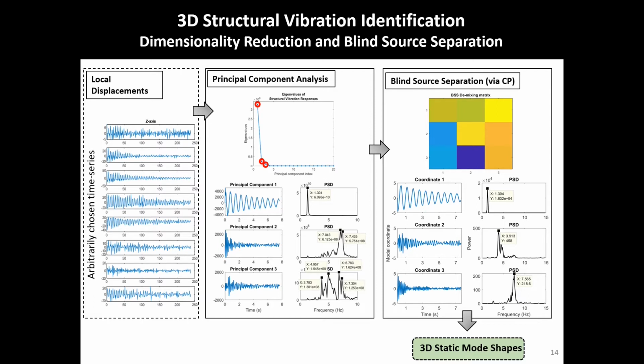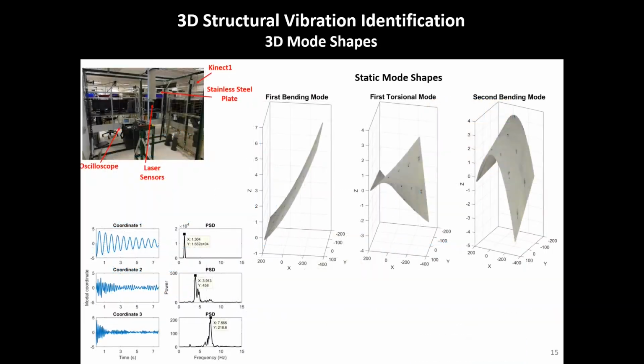Only after applying the complexity pursuit-based blind source separation, the individual modes are truly decoupled. A final note is that the complexity pursuit was here used due to its known ability to disentangle closely spaced modes. And as the main output of the blind source separation, modal coordinates and static mode shapes with spatial resolution equal to the number of virtual sensors previously defined can be directly obtained.